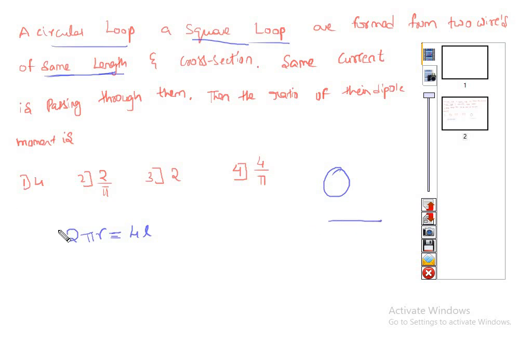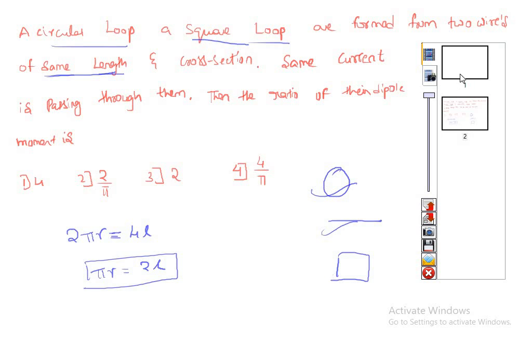So 2 pi r for the circle, and 4 times its side L gives the perimeter of the square.